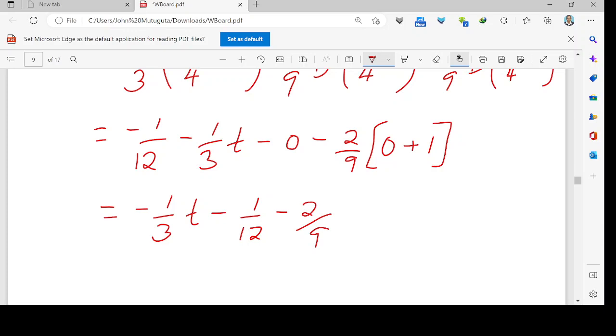And if we work this out, we get minus 1 over 3t minus 11 all over 36. This is xp.